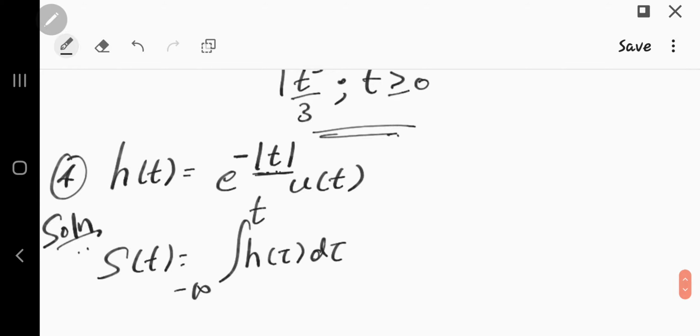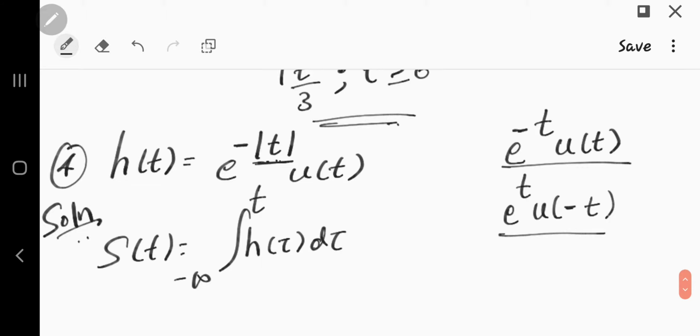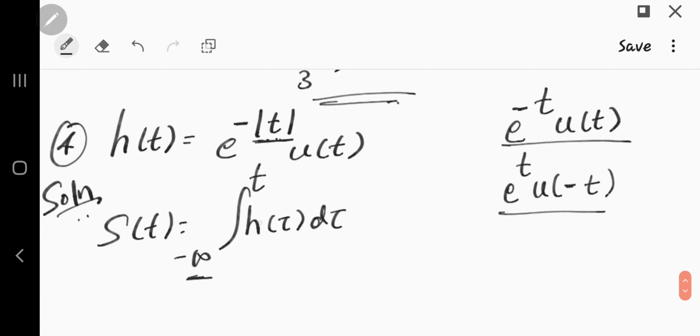If it takes a positive value, then the signal will be e power minus t into u of t. If it takes a negative value, then it will be e power t into u of minus t. So these are two different cases here. Now, we have to consider t varying from minus infinity to t, so we have to consider the negative values of t as well as the positive values of t. So we have to express the signal for both durations here.